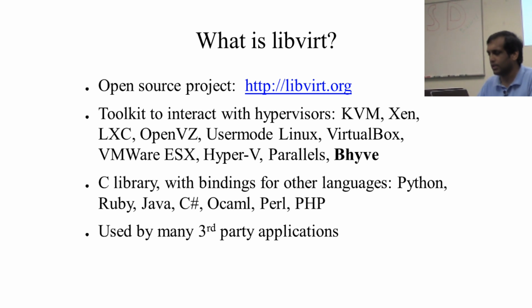It's a toolkit to interact with different hypervisors: KVM, Xen, LXC, OpenVZ, user mode Linux, VirtualBox, VMware ESX, Hyper-V, Parallels, and recently bhyve support has been added. It is a C library, but it has bindings for other languages: Python, Ruby, Java, C#, OCaml, Perl, PHP.